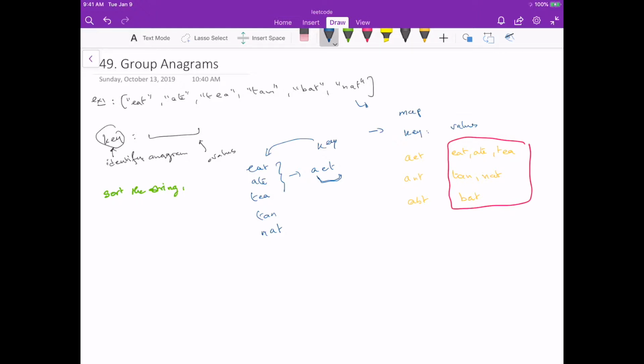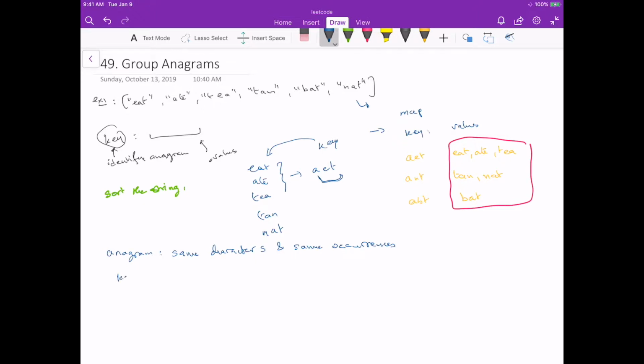The other way we can find unique keys is that an anagram just means they have the same characters and the same occurrences. So we can have as key all 26 lowercase characters, because the problem says we only have lowercase letters, and each of their occurrences.